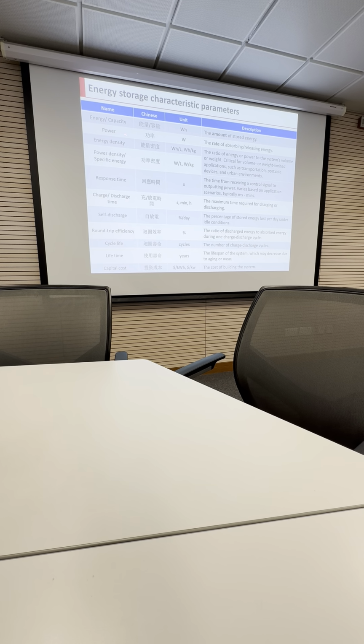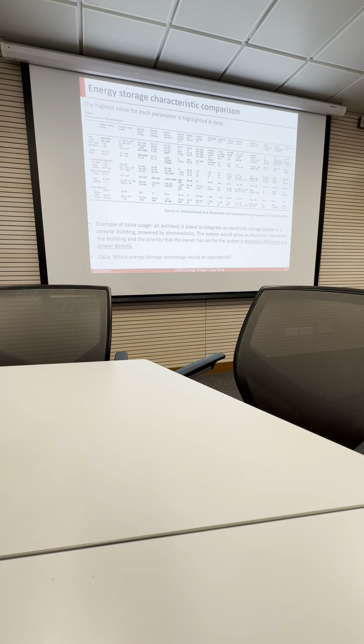Okay, we will cover much like the energy, power, energy density, power density, and the round-trip efficiency. We will see these indicators many times. Okay, you can see this table gives you the numbers of the levels of different kinds of technologies.